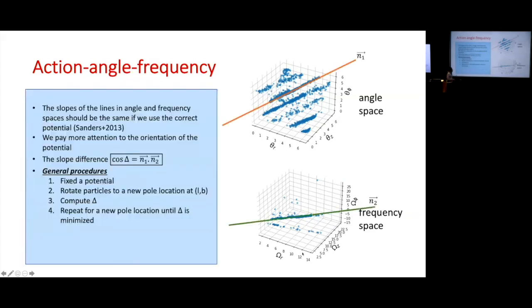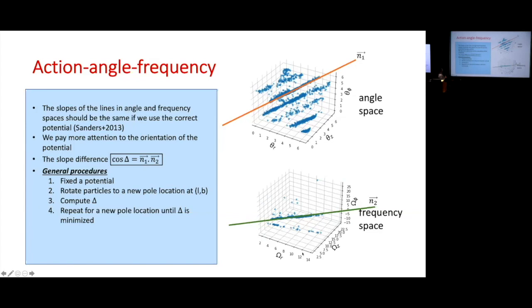The idea was developed by Jason Sanders in his 2013 paper, where if we assume the correct potential, then the slope of the line in angle space and the slope of the line in frequency space should match up perfectly. However, they paid more attention to the shape of the halo and fiddling with the parameters of the potential model itself. But in this work, we'll be focusing on just the orientation of the potential.